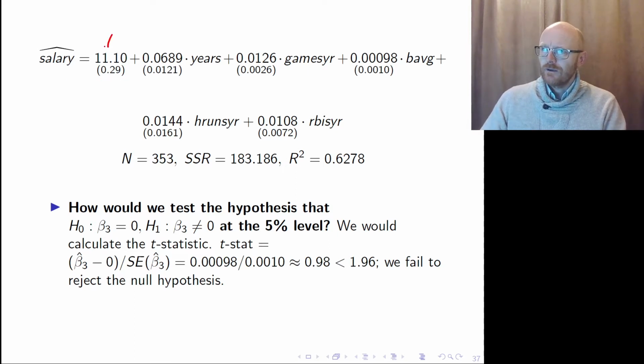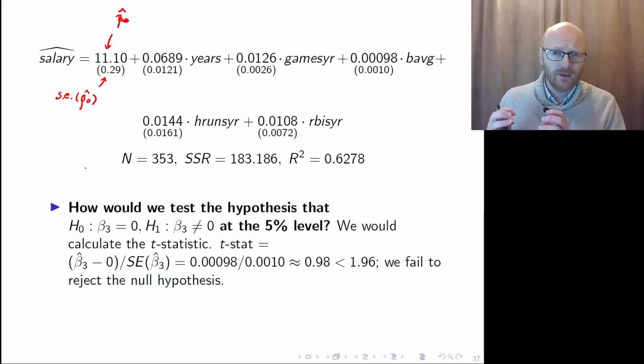So for example, this is the beta naught hat, and this is the standard error of the intercept. Okay, the sample intercept, because it's based on us taking a random sample from a population of baseball players and estimating the coefficients.